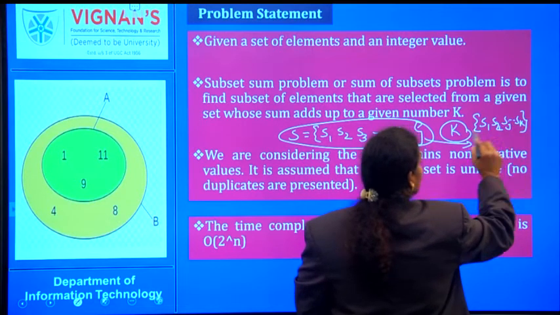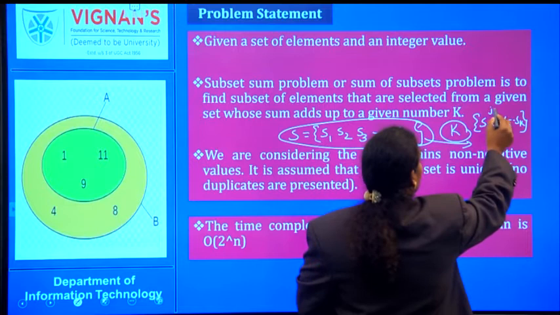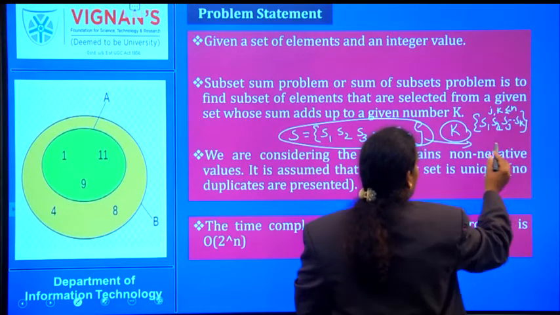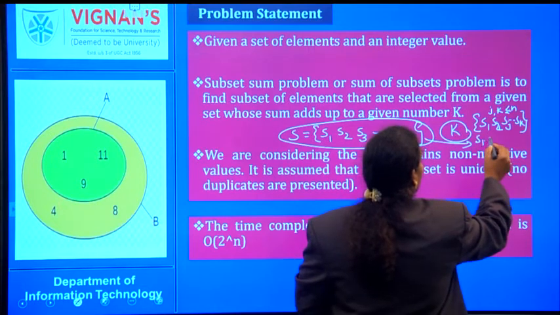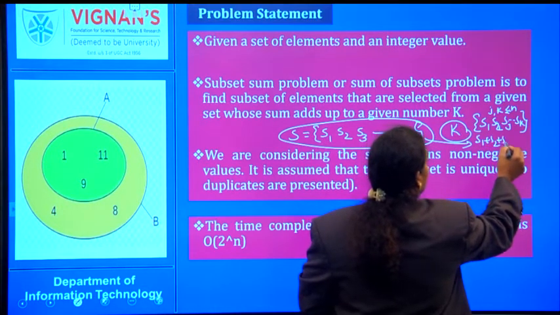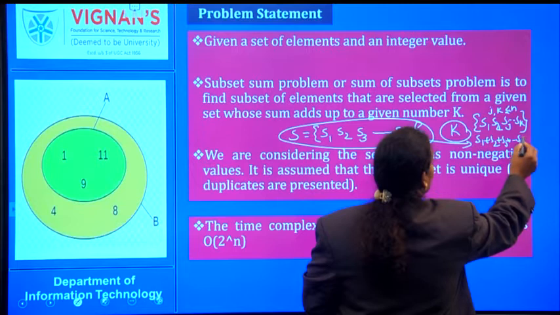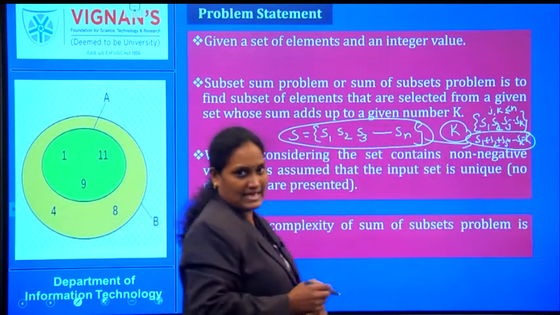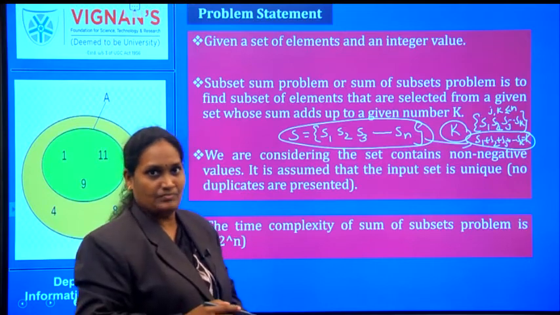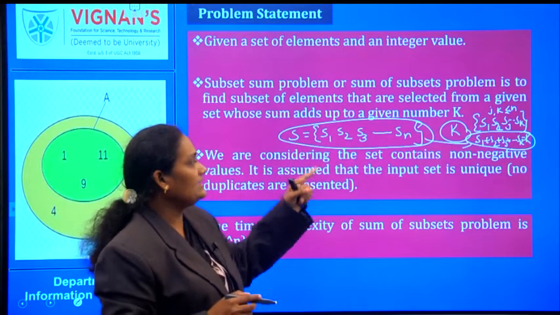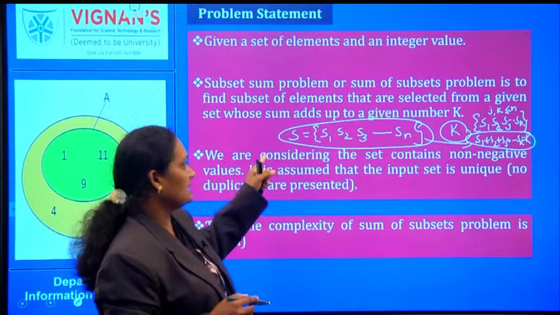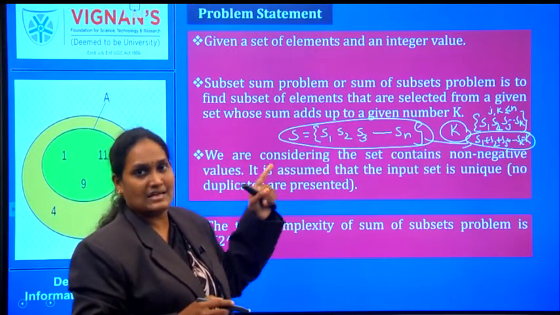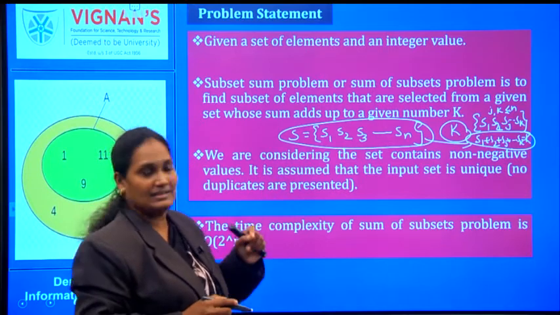We select some elements, where j and k are less than or equal to n, and the sum s1 plus s2 plus sj plus so on, sk should be equal to k, which is the given integer. So we need to find the subsets of the given set, the sum of whose elements adds up to the given integer k.